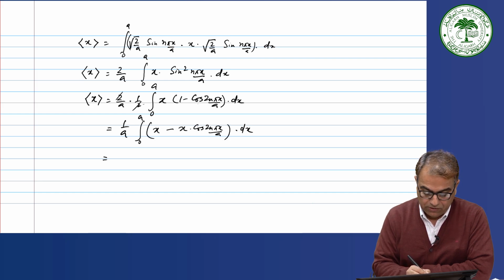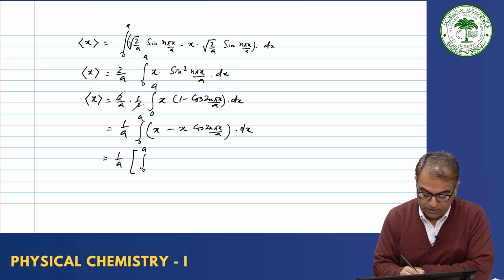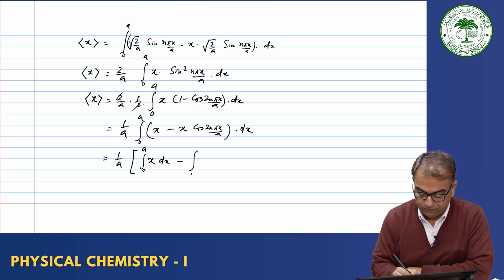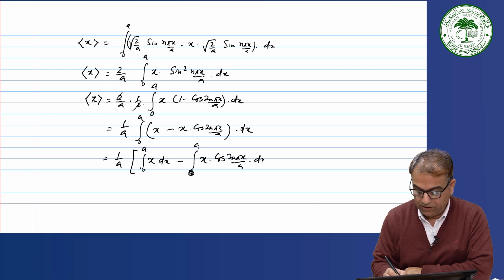Okay, so this will be 1 by a, and then you will have one integral from 0 to a of x dx, and another integral from 0 to a of x cos 2 n pi x upon a into dx.